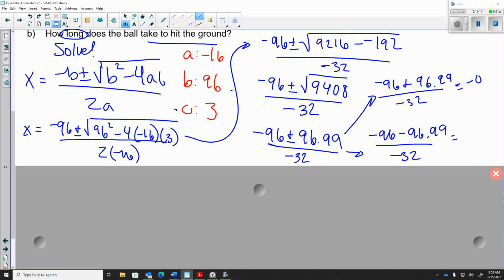Okay, and what about this one? 6.03? All right, so these are the two numbers I end up with. One of those makes sense, one of those doesn't. Which one doesn't make sense? Why not? We're talking about time, right?